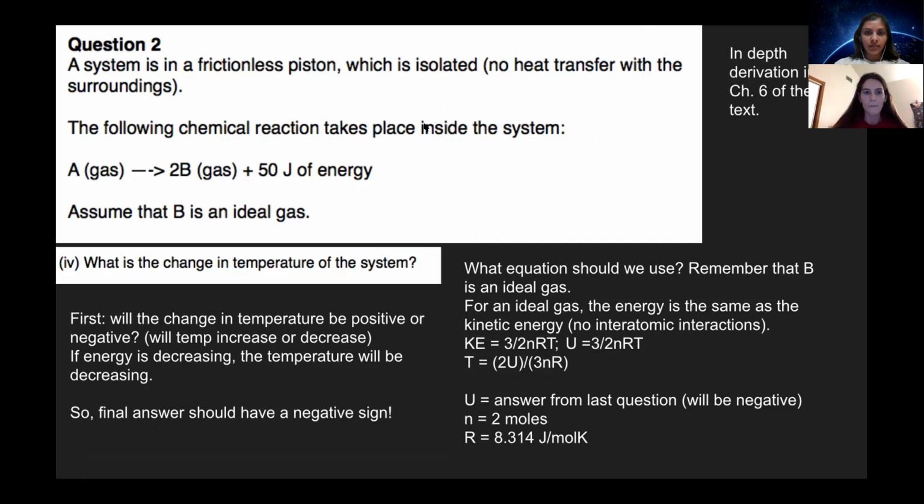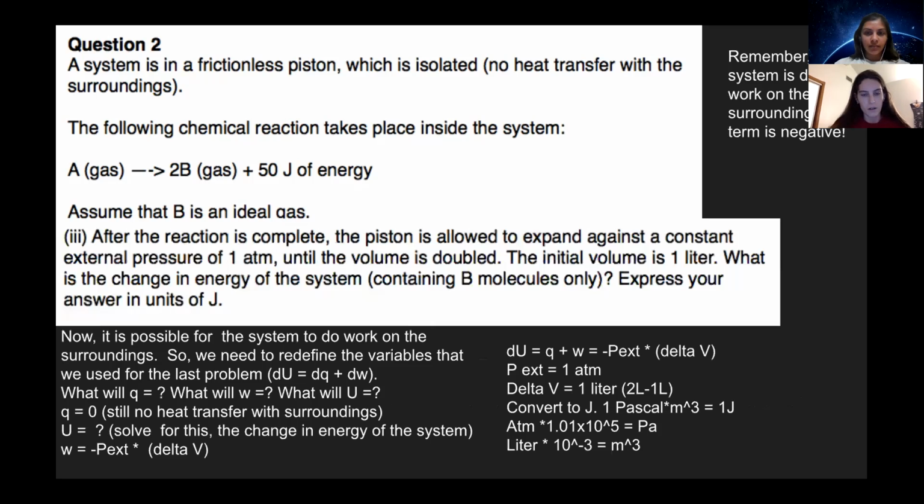Yeah, for part 3, do we have to take into account the 50 joules? Let me just go back. That's the one about the person's one. That's not really relevant. Wouldn't we have to add the 50 joules to the work done?